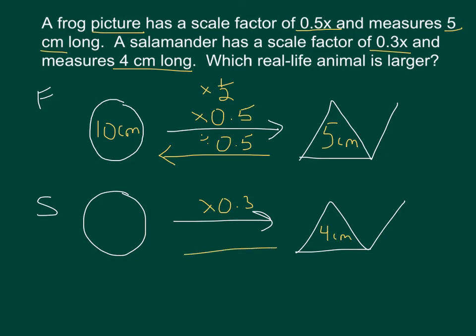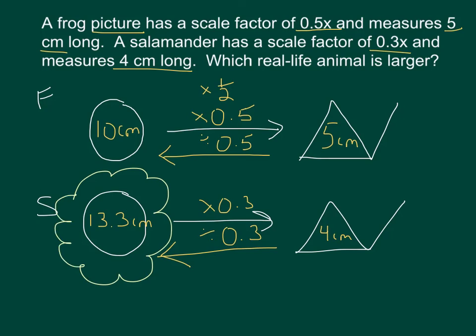I'm going to again go in reverse by dividing by 0.3 this time, and in the calculator I get 13.3 repeating, but we're just going to go ahead and stick with 13.3 centimeters because I already have enough information to compare. Based on this, it is quite obvious that the salamander is larger. So that's the answer to our problem. Good luck.